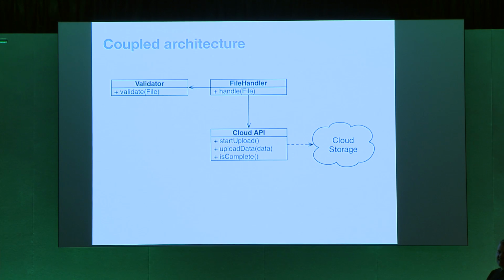We've been talking about chopping off the top layer of testing, the UI layer, and just testing from the top down. There's another thing that makes service level tests slow, which is that often they have to interact with infrastructure, maybe a database, or talk to some web services, or put stuff in cloud storage and all that messy other people's problem logic. Something like this. I've got a validator that validates a file. I've got a file handler, because I'm bad at naming, that handles files.